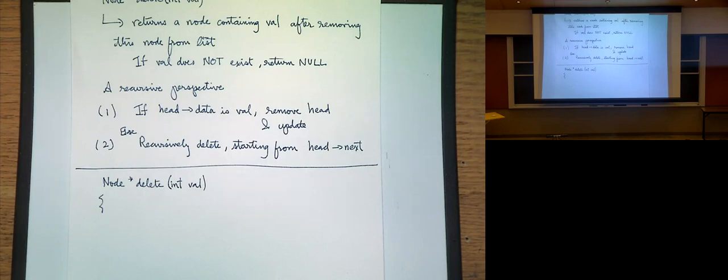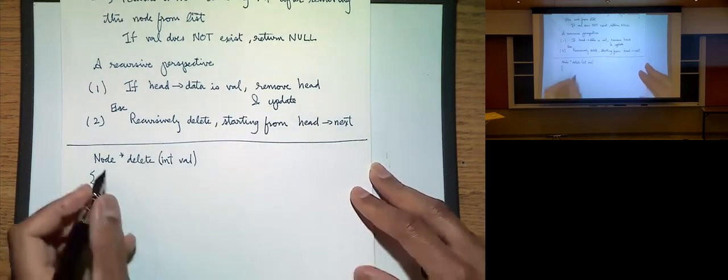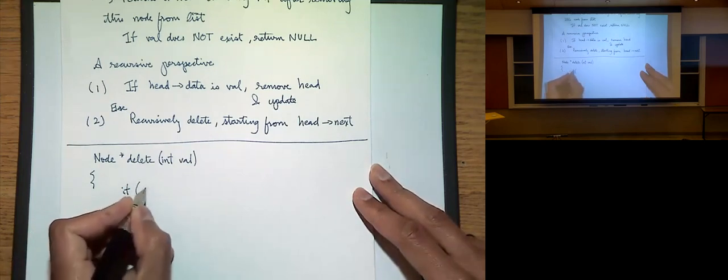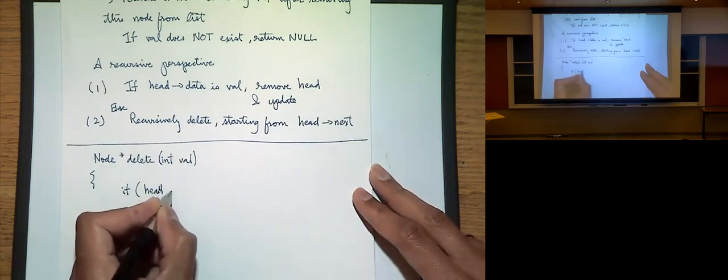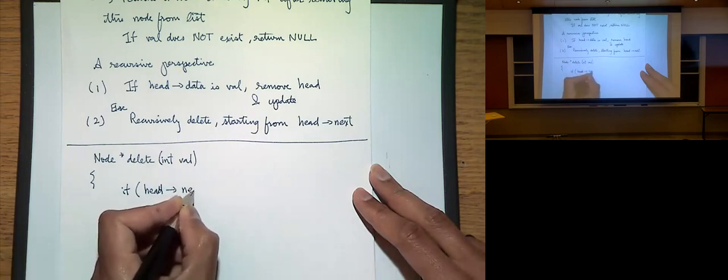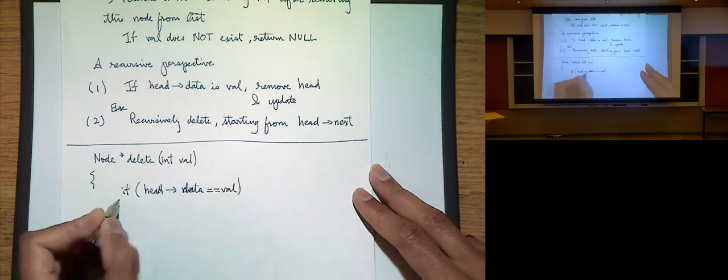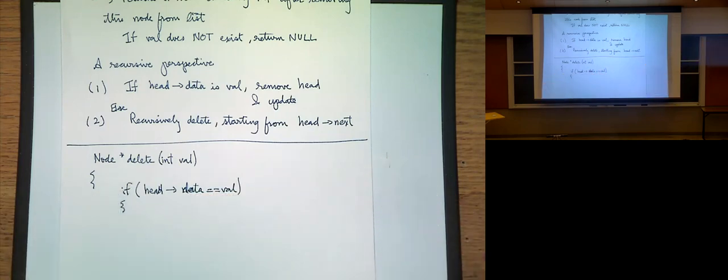This isn't the best way of doing it, but let's see how this goes. So I'll say if head arrow data is equal to val. Okay? So suppose this has a val, then what do I do?